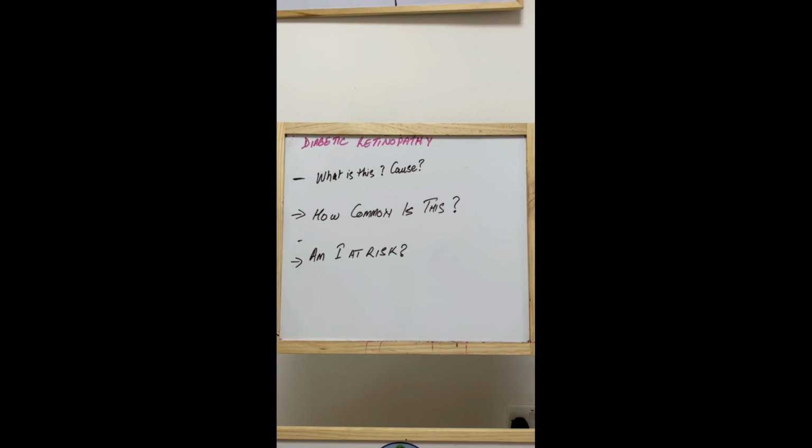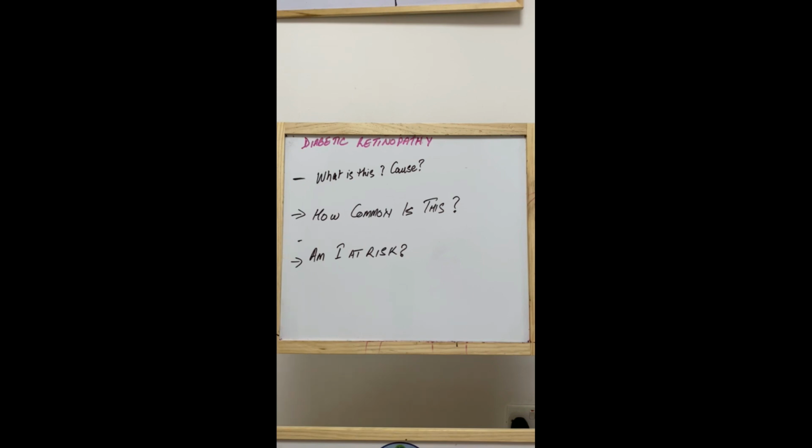It will cause the blood vessels to either leak or get blocked, or they can start growing randomly. So it is prolonged higher readings of blood sugars and not a good control of your blood pressure that will over years damage these vessels and cause this retinopathy.